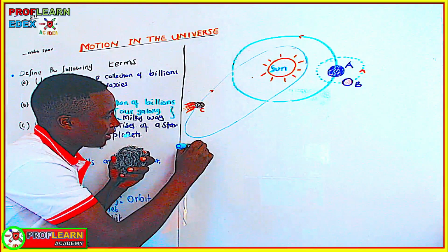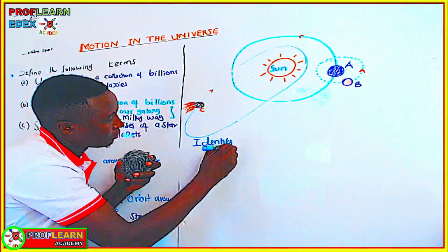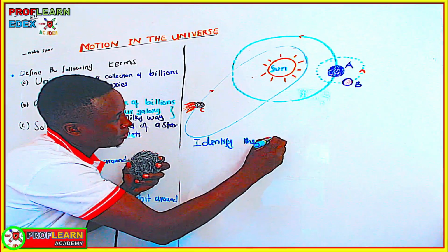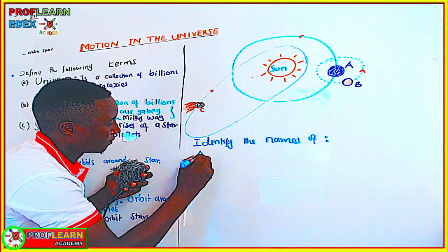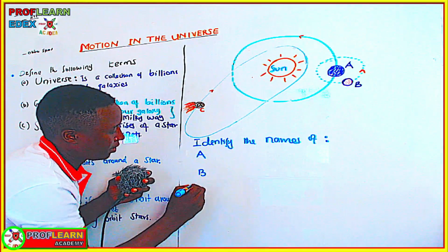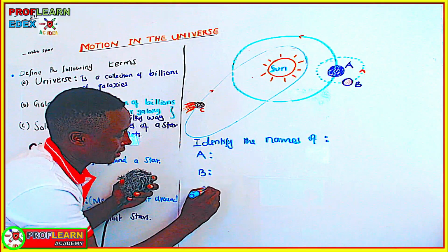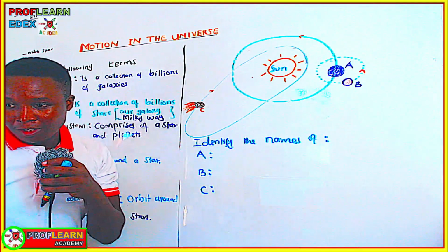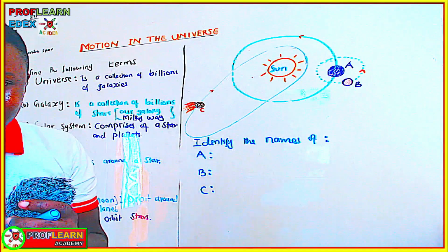So you can say, identify the names of A, B, and C. We are going to identify the names of these bodies mentioned at that particular point.